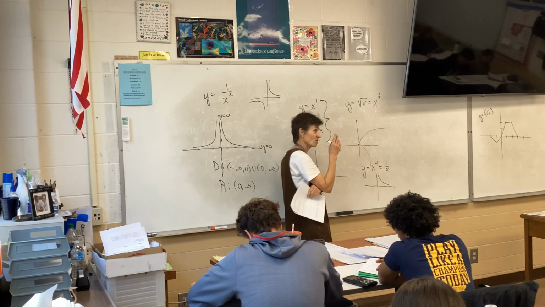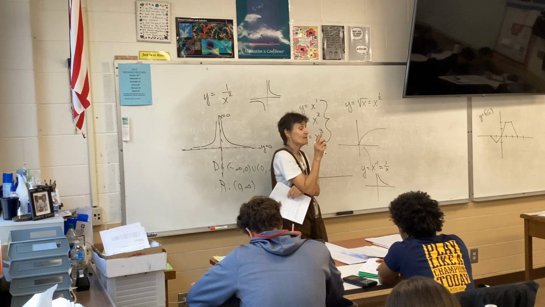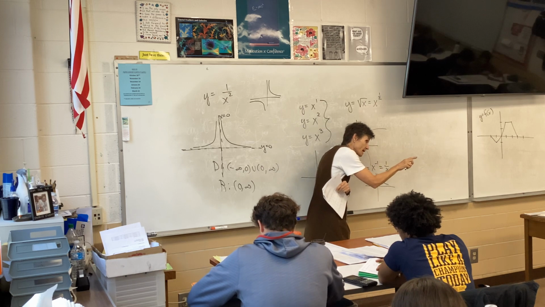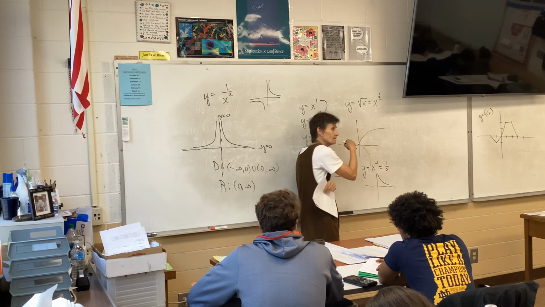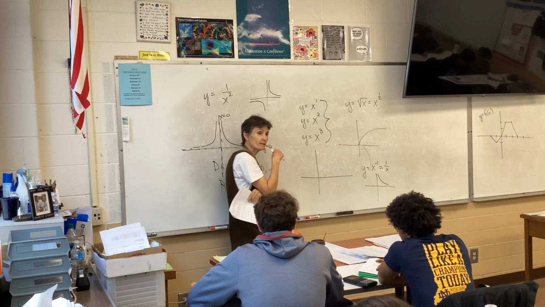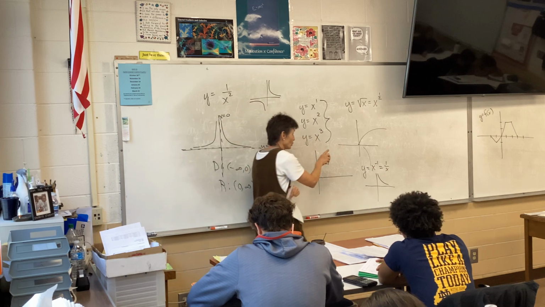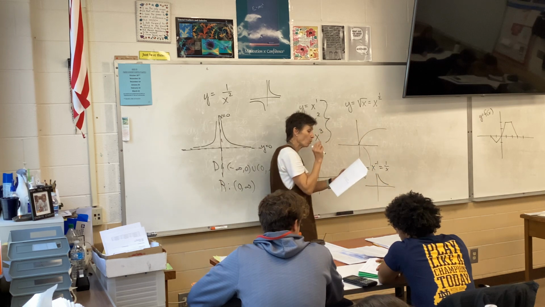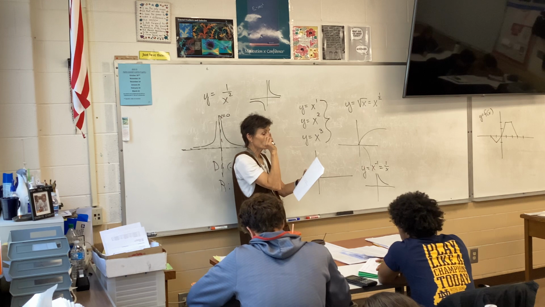Isn't 2/3 kind of the same thing? Yes, because any exponent between 0 and 1 is going to approximate this behavior. If your exponent is between 0 and 1, it's going to look like this. So equation E is also graph D.